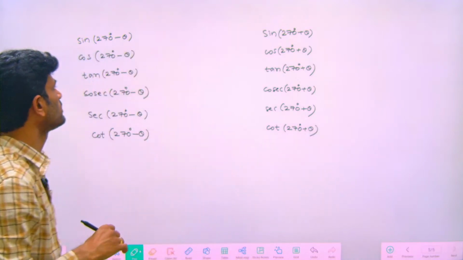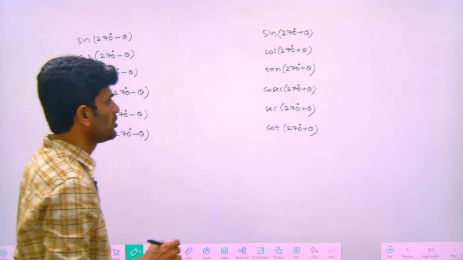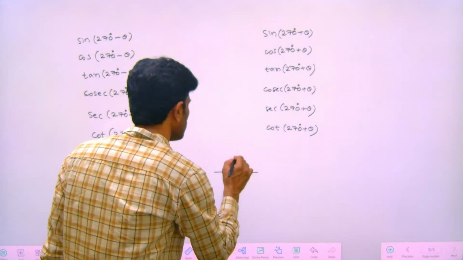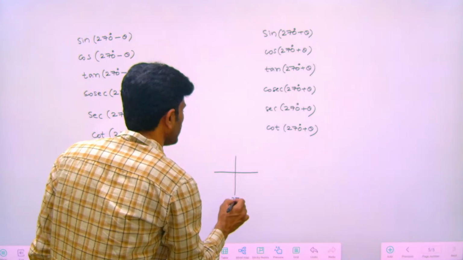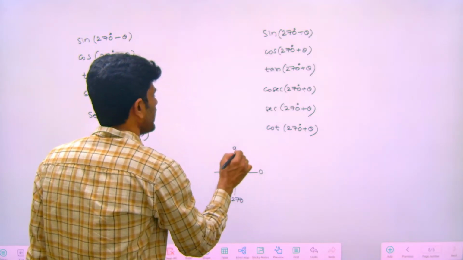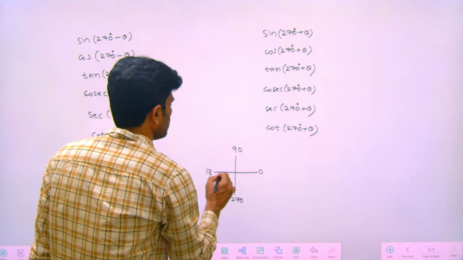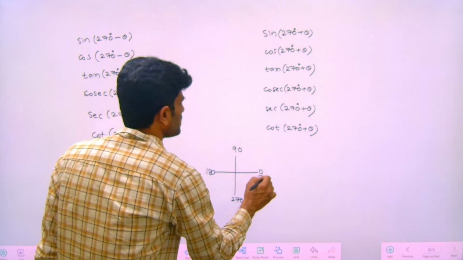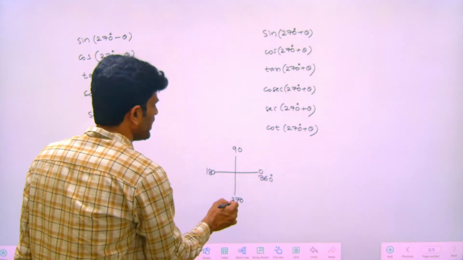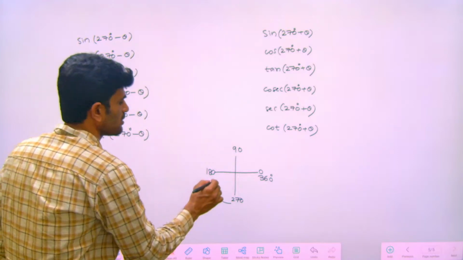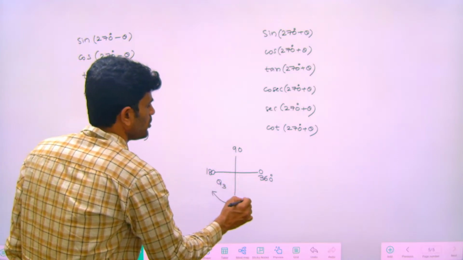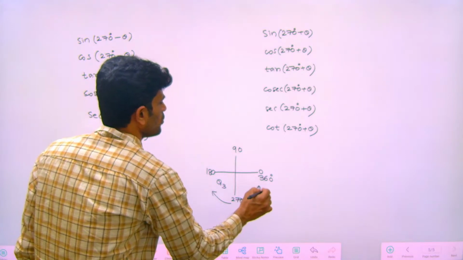Now let us write the results. 270 minus, which quadrant? This is 270, this is 0, this is 90, this is 180, and after completing rotation it is 360. So 270 minus is Q3, 270 plus is Q4.